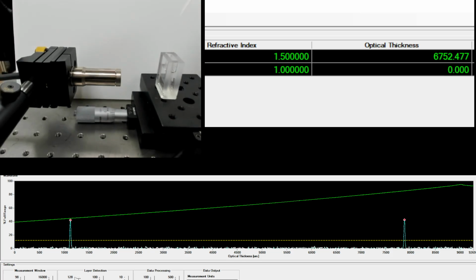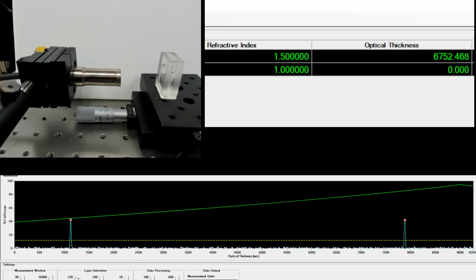The gap is about 5 millimeters, and what we're going to do is monitor the optical thickness, which is apparent in the upper right hand corner.